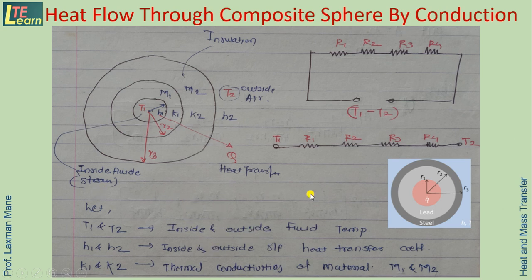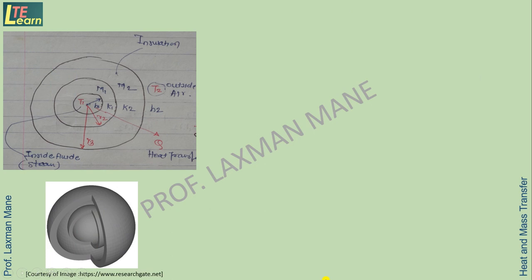So here also there will again be 4 resistances, the same concept and the same mathematical arrangement. This is a 3-dimensional view of a hollow sphere having 2 materials.